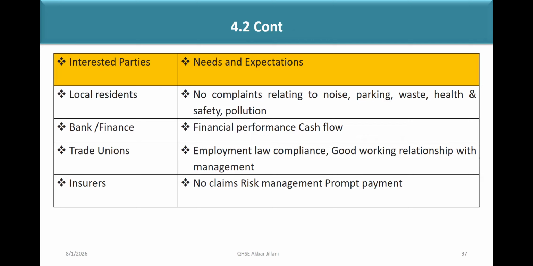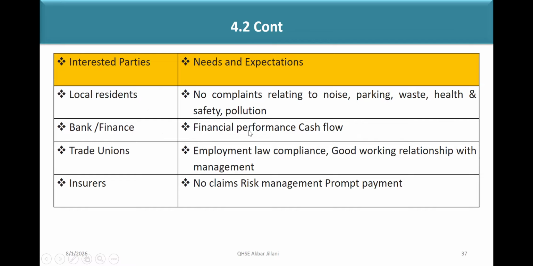But if some companies are creating too much air pollution, they should also do air monitoring. So the permissible level in a residential area in Abu Dhabi is less than 70 decibels. Waste, health and safety, pollution.